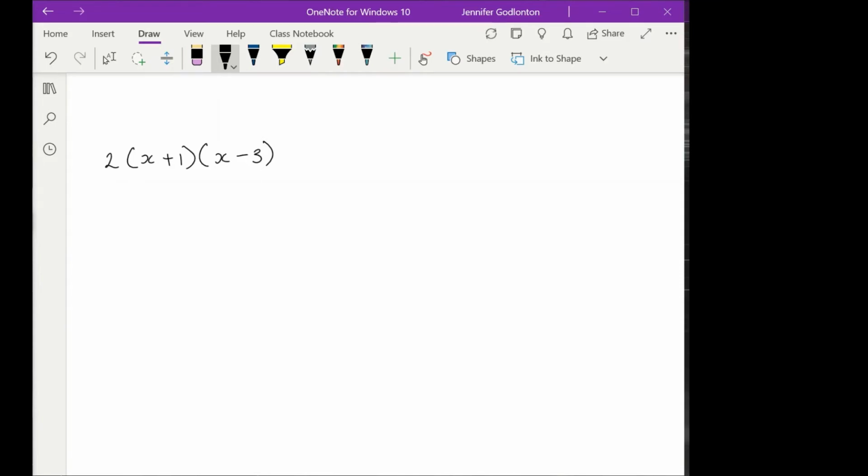When we have a number that's chilling like this outside of two binomials, or it could be a sign, it could be anything, the important thing is that the first thing we want to do is our binomial times our binomial. You can multiply that 2 in here, but the problem is when we do that, sometimes we forget to keep it in brackets, and so then we end up making a mistake later on.